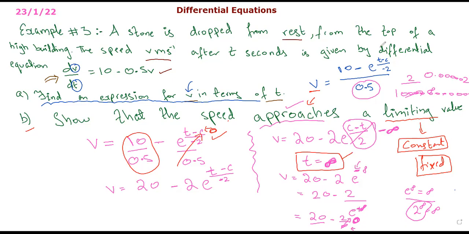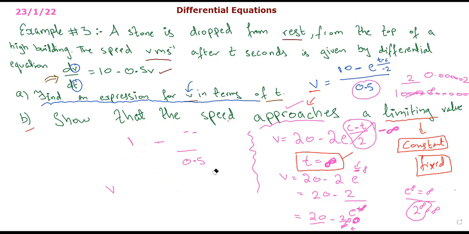And where are we going to use t equals infinity? In the equation which we made. And what was the equation exactly? After simplifying it, we got v equals 20 minus 2 e to the c minus t divided by 2. If you remember, we had minus 2 in the denominator, and I took this minus to the numerator because I had in my mind that for a limiting value, I need to find a constant, a fixed speed which would not change with time.